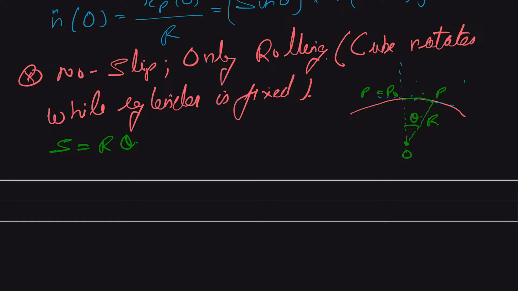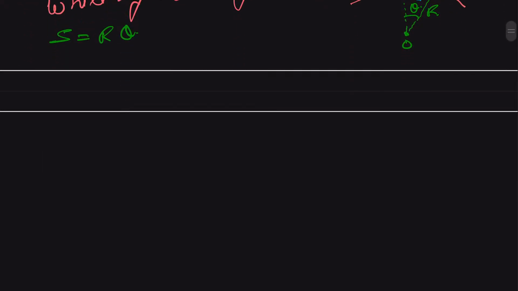This point, the cube was exactly at the center here, and now the cube is at this position, so its center is exactly going to move by the same distance, that is our S. Therefore we can say that the cube rolls without slipping.